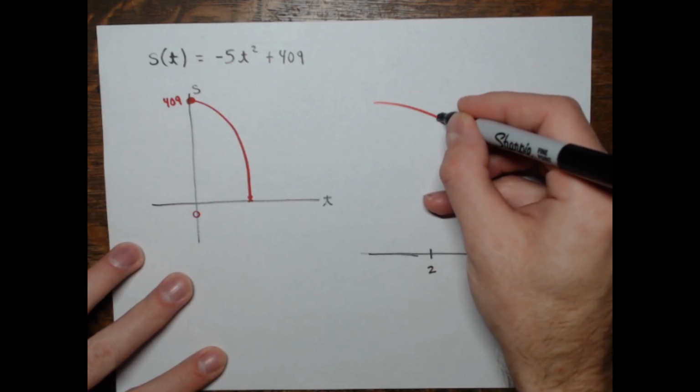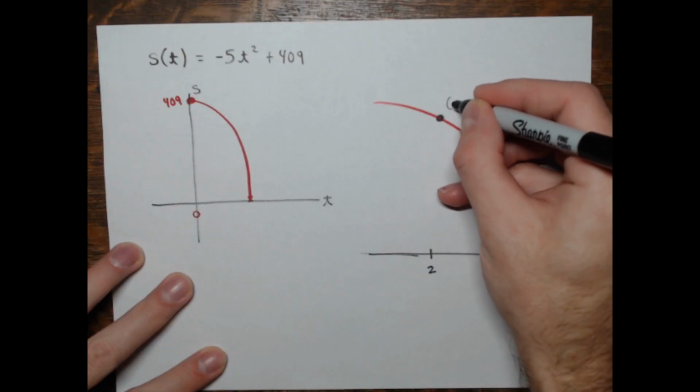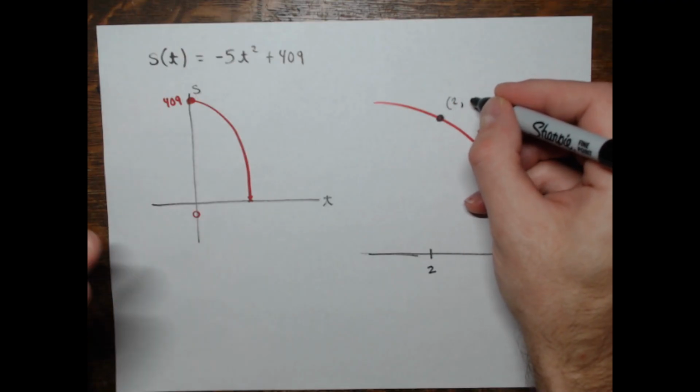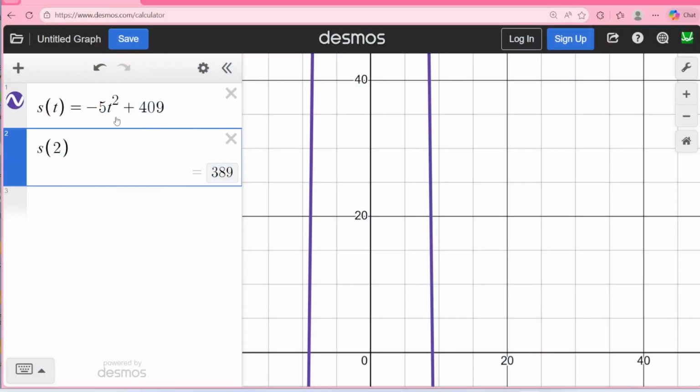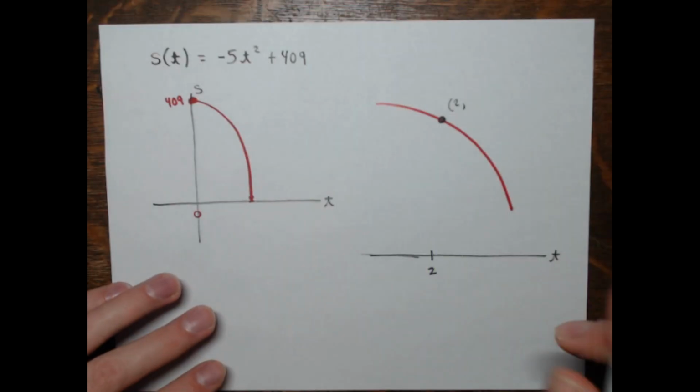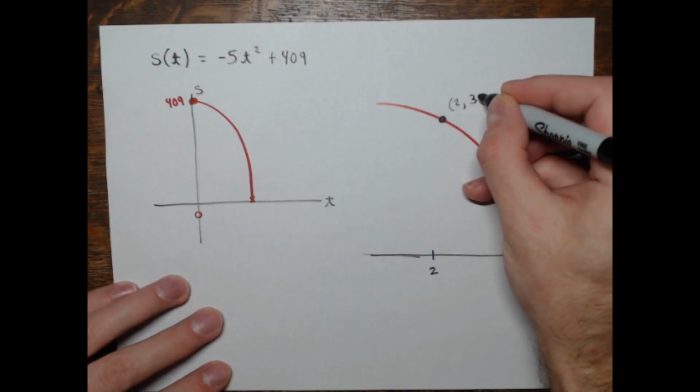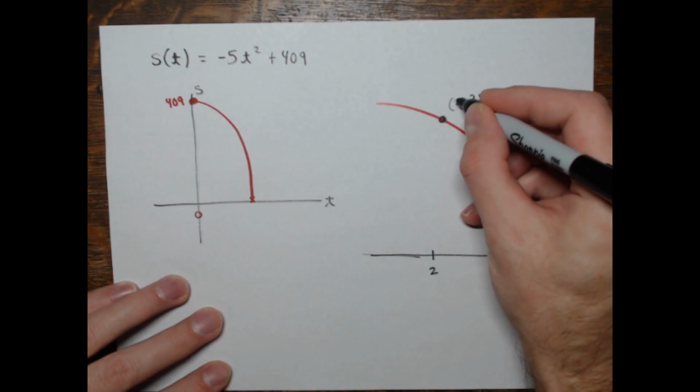So here's a point, 2, comma, and I just plugged in 2 in Desmos there. So negative 5 times 2 squared is negative 20, plus 409 would be 389. So at 2 seconds, this ball is 389 meters in the air.